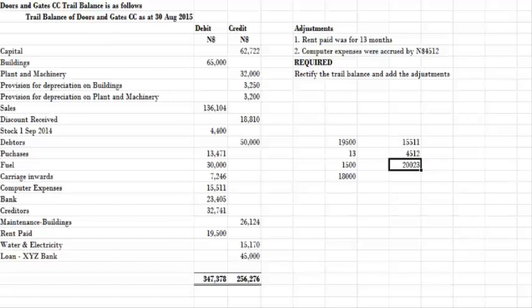So how will we put this adjustment in our trial balance? Well, our expense will increase by 4,512 and we will have an accrued expense, which is a liability of 4,512, and all liabilities will be stated on our trial balance on the credit side.